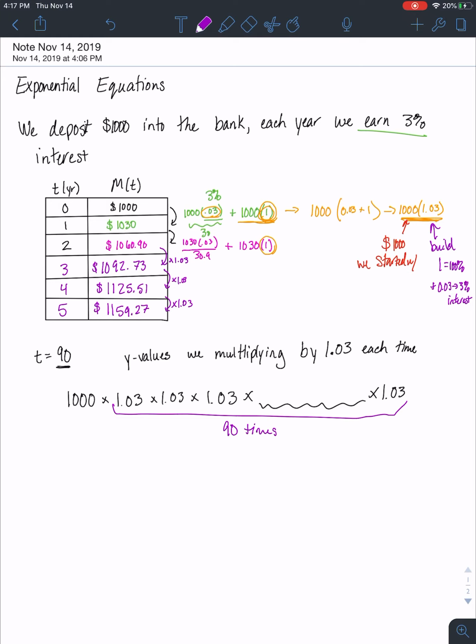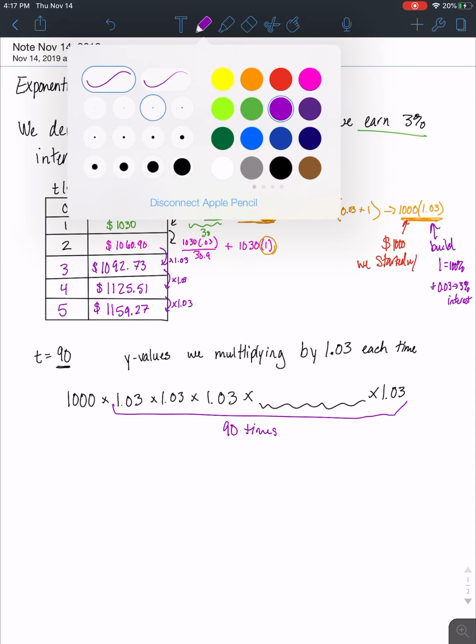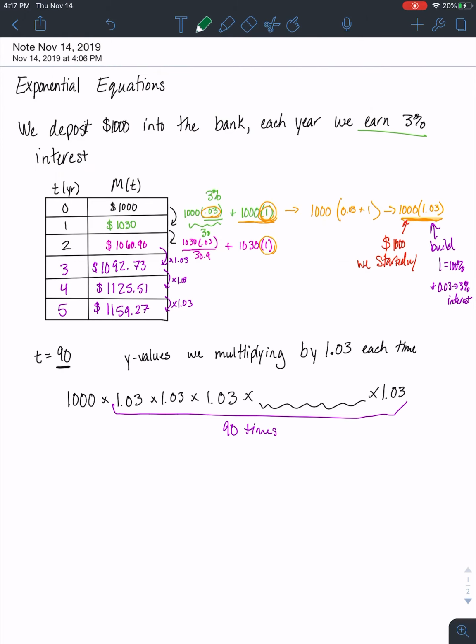But guess what? We have a wonderful way in math that we can shorten this idea of repeated multiplication. If I'm multiplying a number by itself over and over and over again, I'm essentially doing a number to a power, or an exponent. This is the same as saying 1.03 raised to the 90th power, which says take that 1.03 and multiply it by itself 90 times, and then multiply that by the 1,000 that we started with.